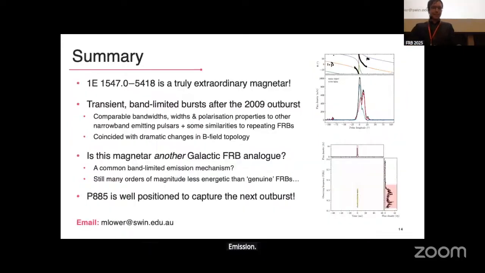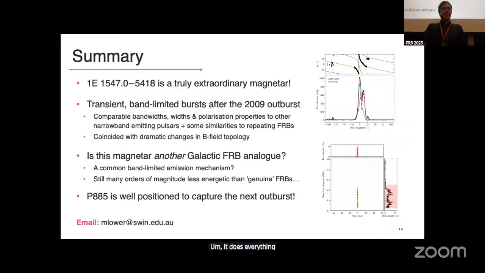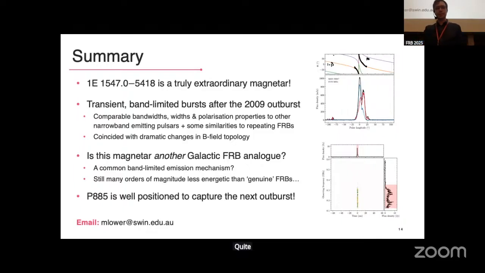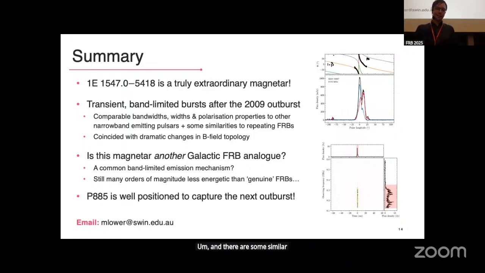So just to end, I think I've hopefully convinced you that 1547 is a truly extraordinary magnetar. It does everything, as I said. For a very brief period of time, we saw this transient component appear where it was emitting quite band-limited radio bursts. The bandwidths and polarization properties are comparable to other narrowband emitters, and there are some similarities to repeating FRBs.